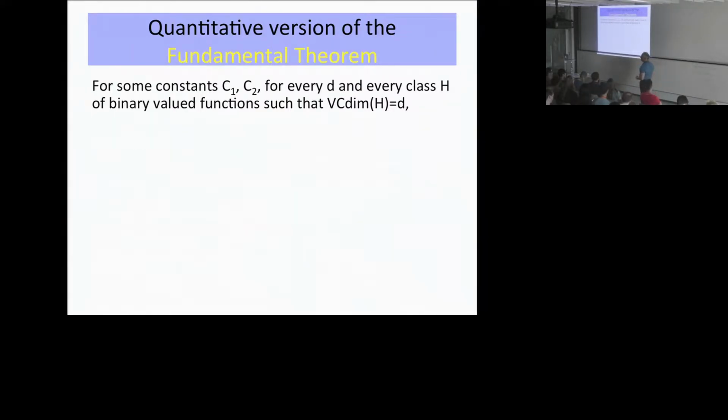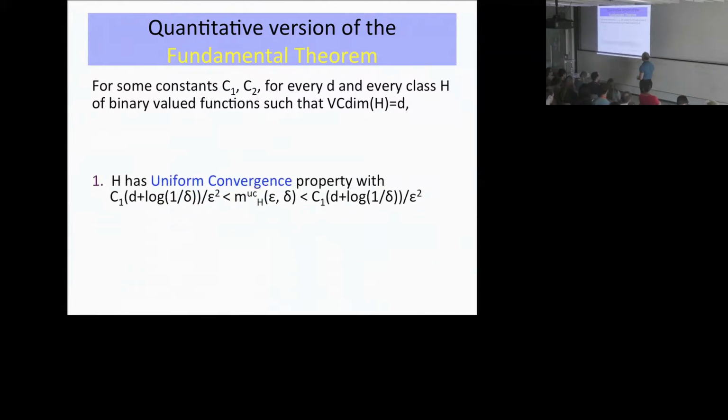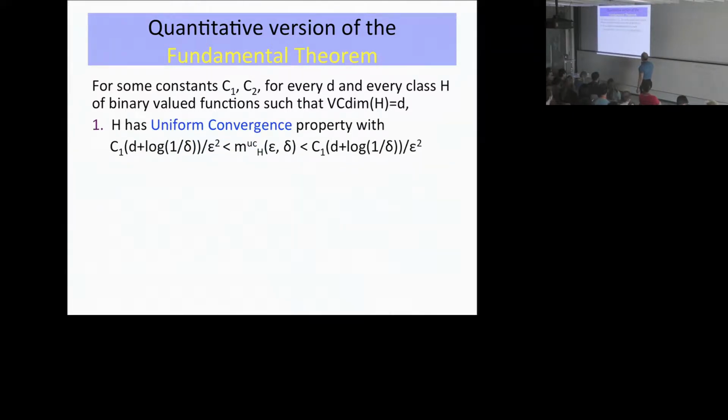We also have a quantitative version, which is even more impressive. And this version says that if I have a class of VC dimension D, I can find constants that are independent of the class and independent of the VC dimension, such that the number of samples that I need in order to get uniform convergence, remember, so this is the number of samples that I need so that samples of this size are, with probability 1 minus delta, epsilon representative for every element in H. So this number is completely determined by the VC dimension.